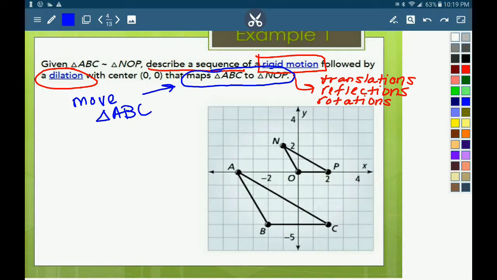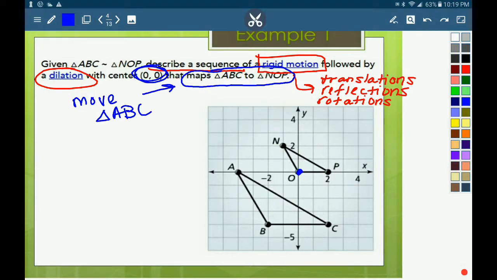Now, the first thing you want to do is line up wherever you're going to be dilating from. It says center 0, 0. What I notice about NOP is that O is right on top of the origin.